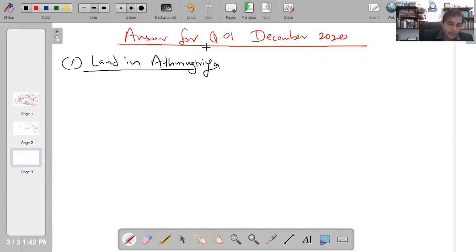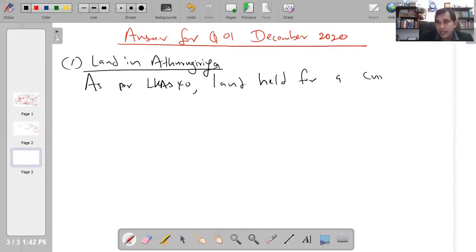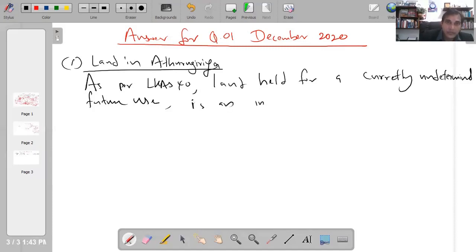As per LKAS 40, land held for a currently undetermined future use is an investment property.